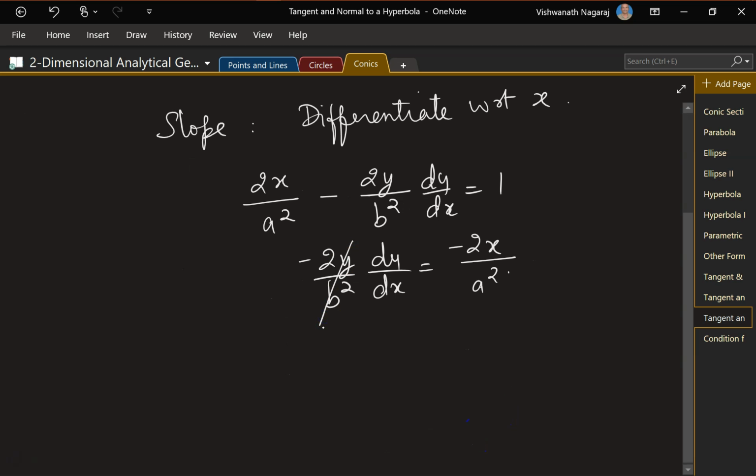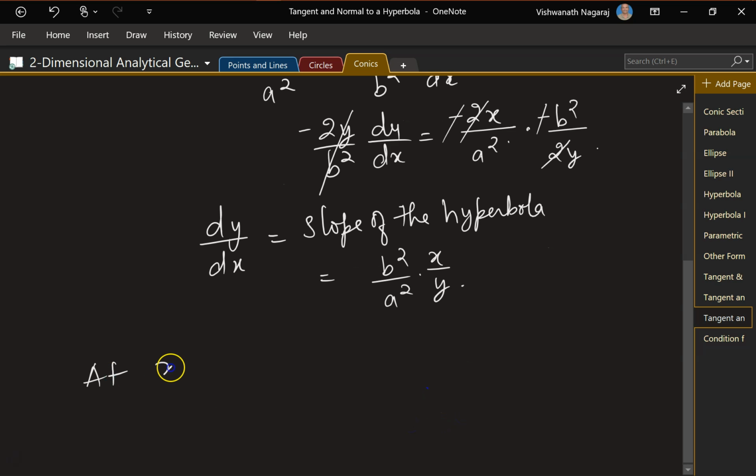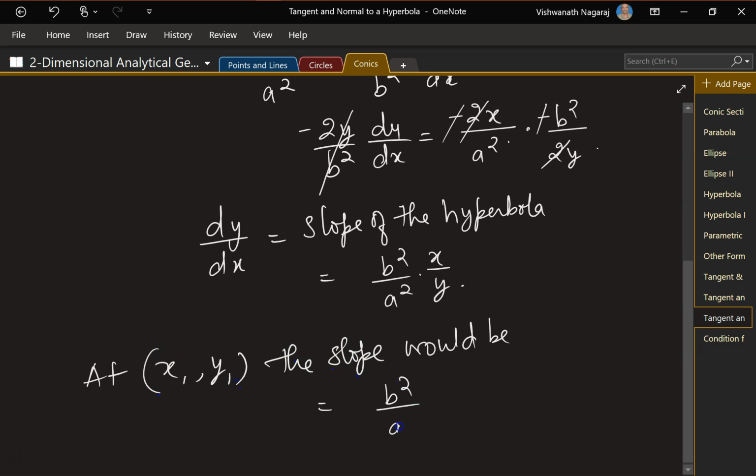Now let's bring this to the other side, times minus b squared by 2y. So 2 gets cancelled, minus gets cancelled. So dy by dx, which is the slope of the hyperbola, is equal to b squared by a squared times x by y. At x1 comma y1, the slope would be b squared by a squared times x1 by y1.